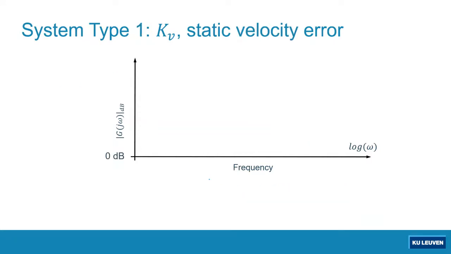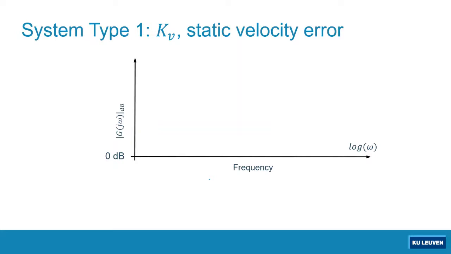What about a type 1 system? For a type 1 system, we can also estimate the static velocity error constant. Same like the type 0 system, the type 1 system has a unique characteristic.